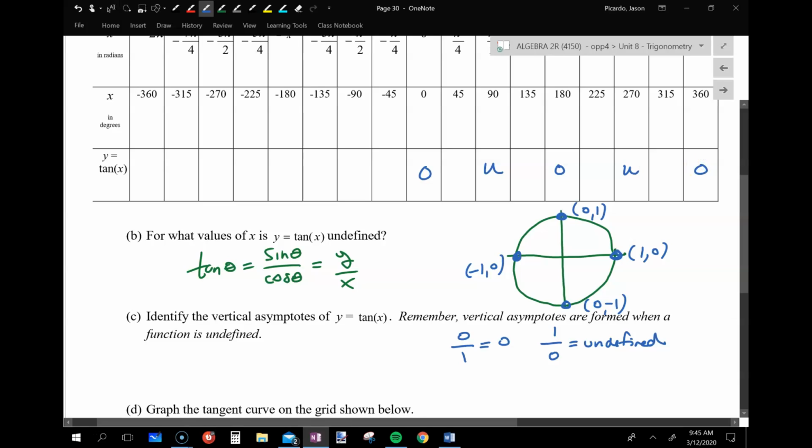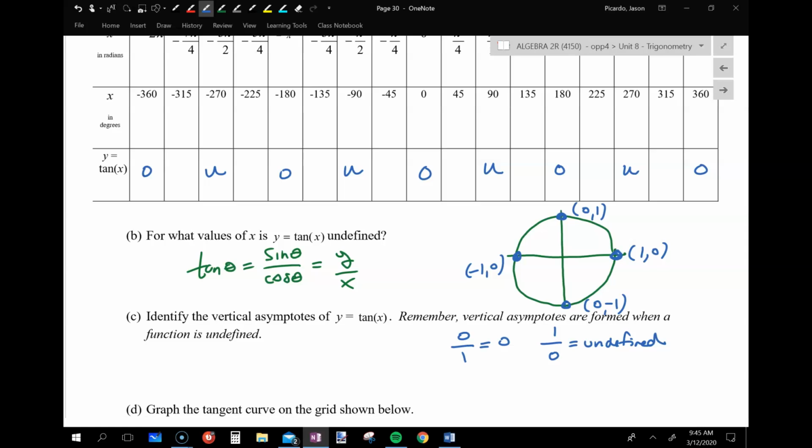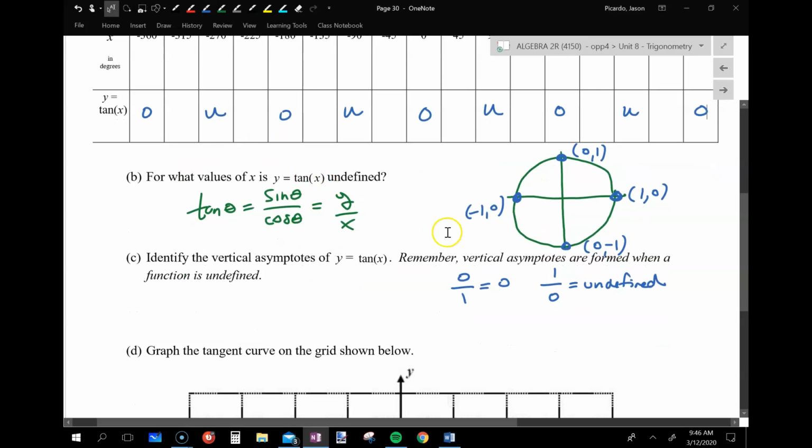Do you guys see a pattern here? If you were to guess, it goes 0, undefined, 0, undefined, 0. What would you guys guess this is going to be? Undefined. And then undefined, and then 0. What does undefined mean?